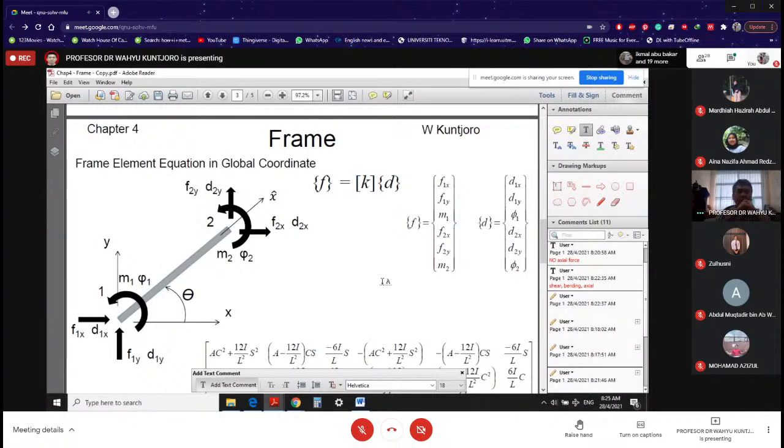So remember that in a frame element, not only do you have bending, but you also have shear force and axial force.